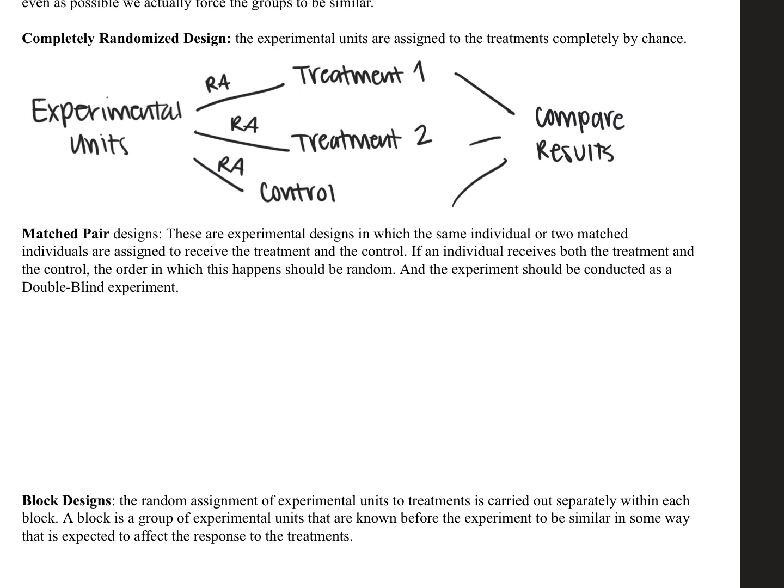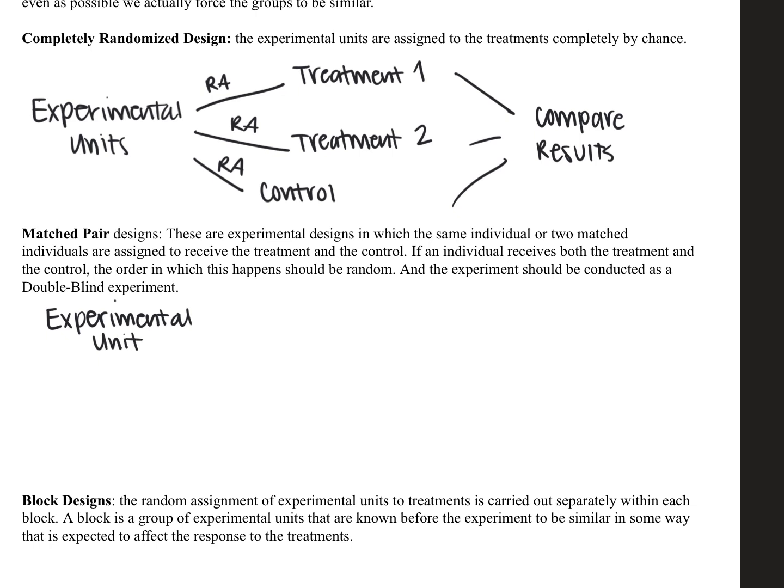Now, if you're going to do a matched pair, it should be conducted as a double blind. So it does have that added step to it. The way this works is you have your experimental units individually.